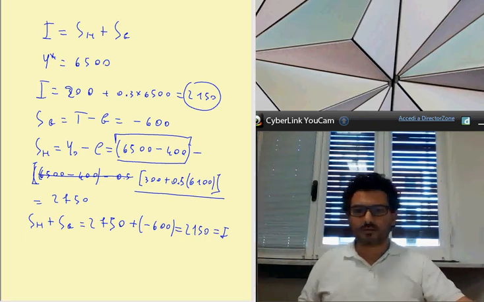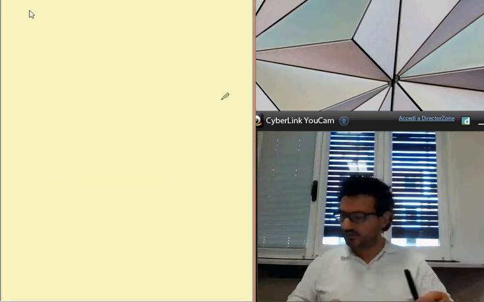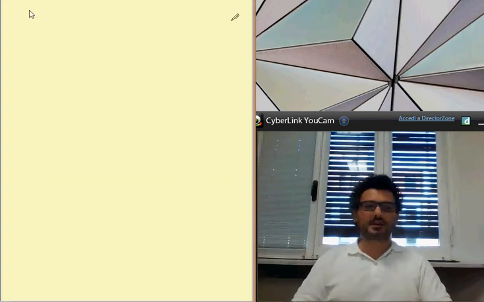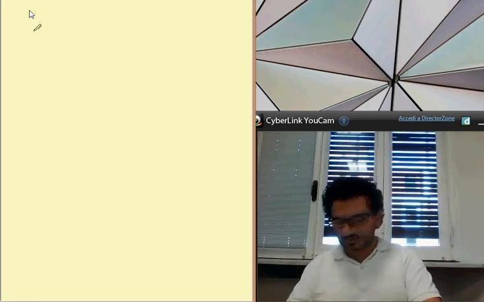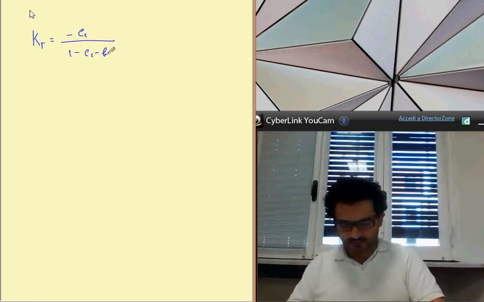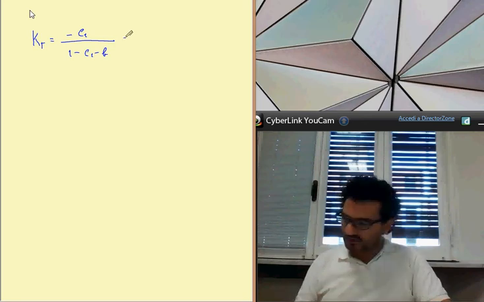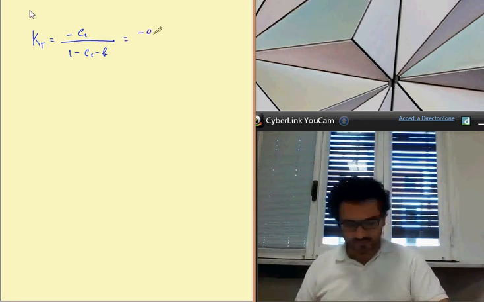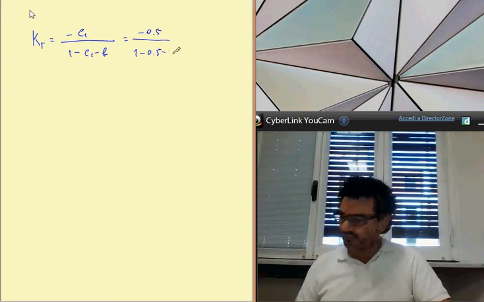We have also another question. We need to compute the taxes and government expenditure multiplier. The taxes multiplier is equal to minus C1 divided by 1 minus C1 minus B, which is equal to minus the propensity to consume 0.5 divided by 1 minus the propensity to consume minus the sensitivity of investment to income 0.3.